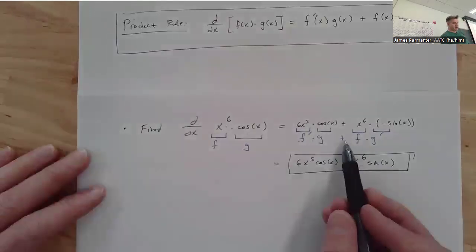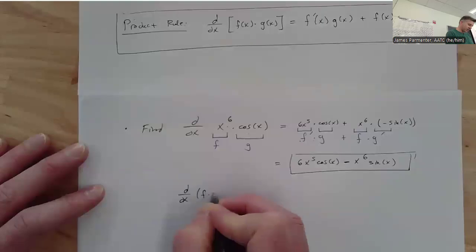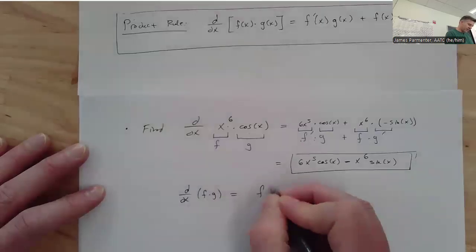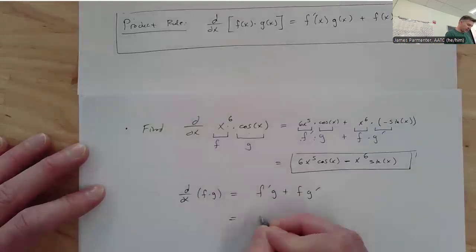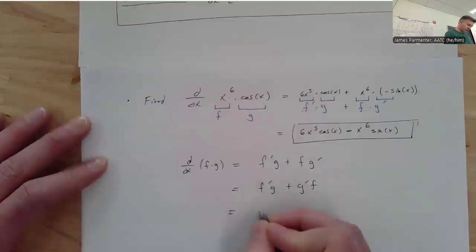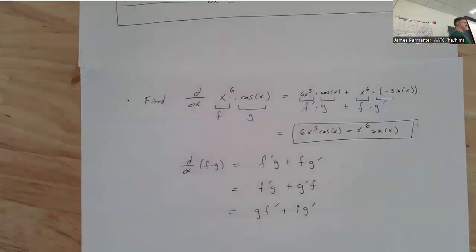So I usually think of it like this, but some people think about the derivative of f times g as instead of f prime g plus f g prime, they might write it as f prime g plus g prime f, or gf prime. That's dumb, but fine. Plus fg prime. Like you can interchange things to your heart's content and still be right.